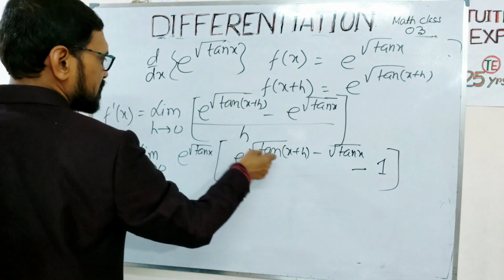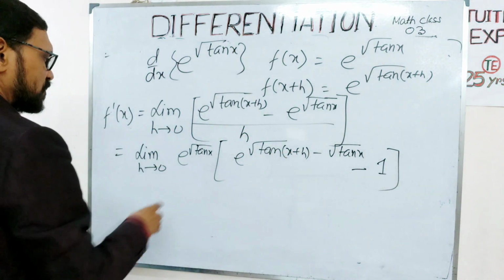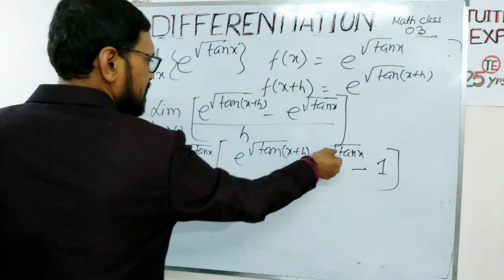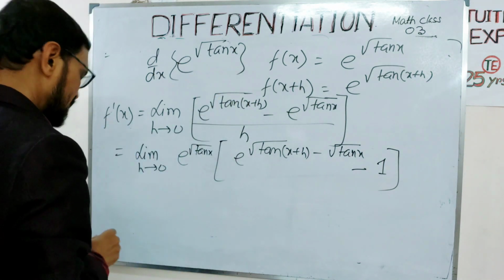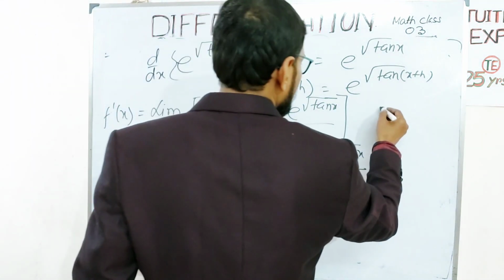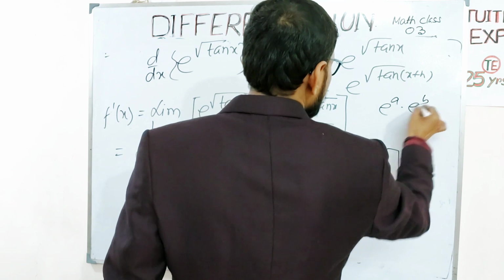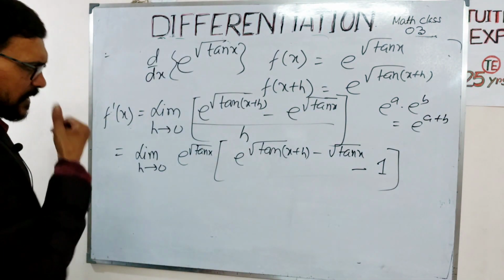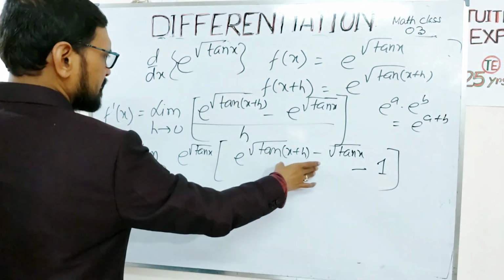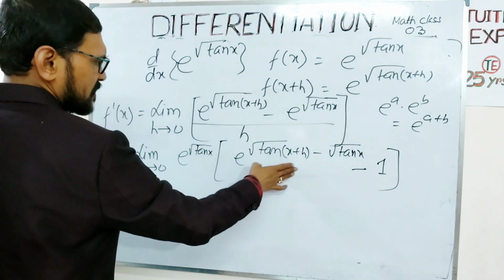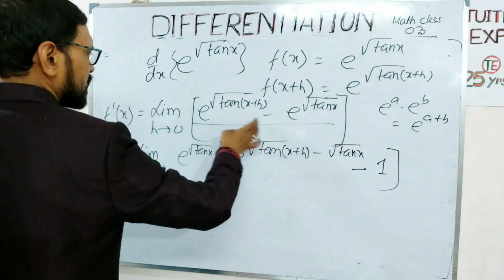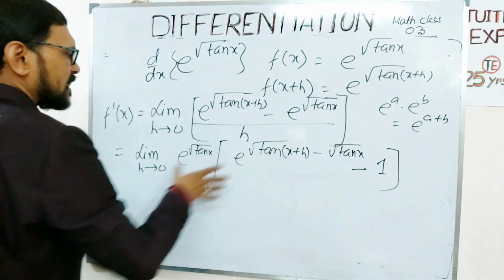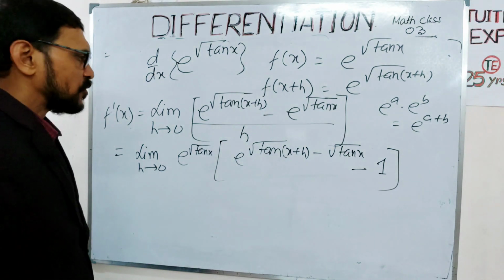This becomes this minus this, because e to the power this into this means this plus this cancel, so this is present. Now the formula is e to the power a into e to the power b equals e to the power a plus b. If you think of the formula of indices, then this result comes. Just think of the formula of indices.